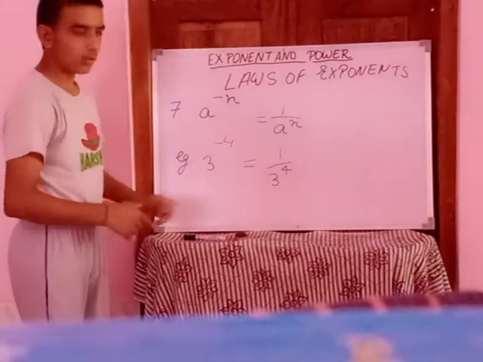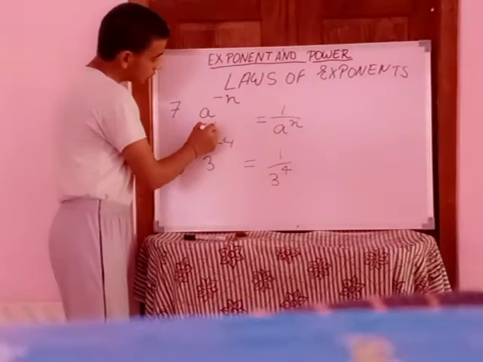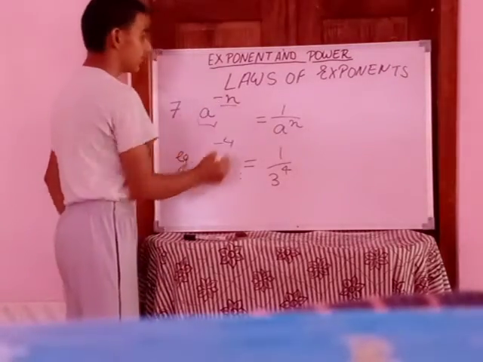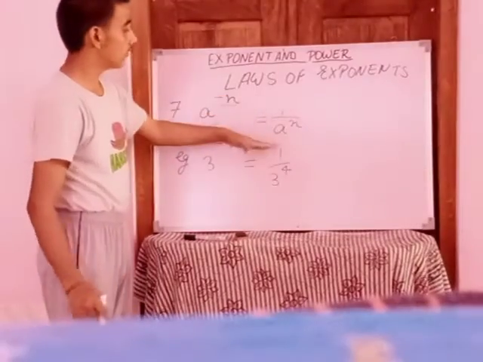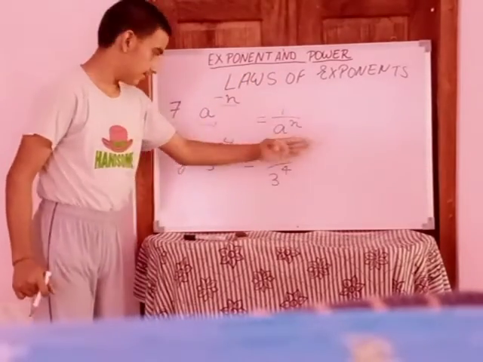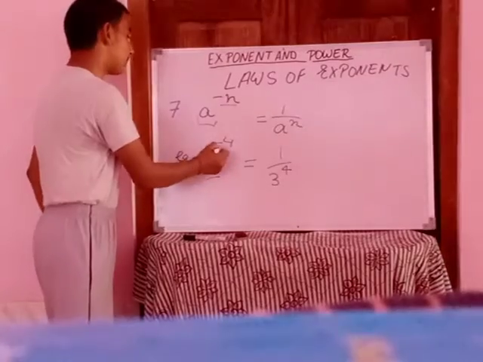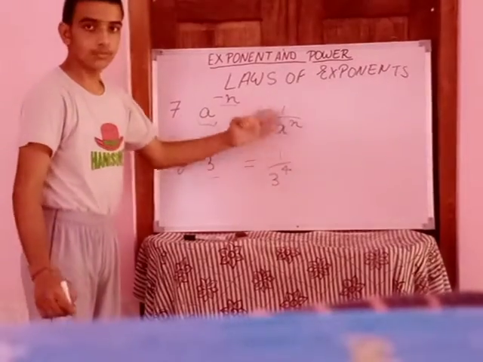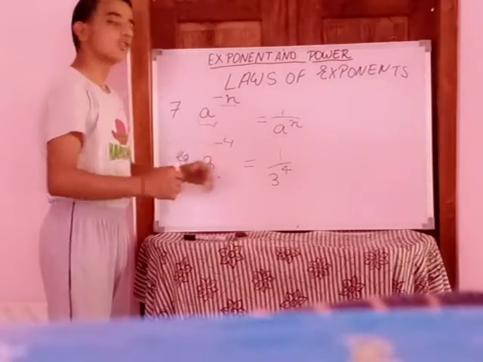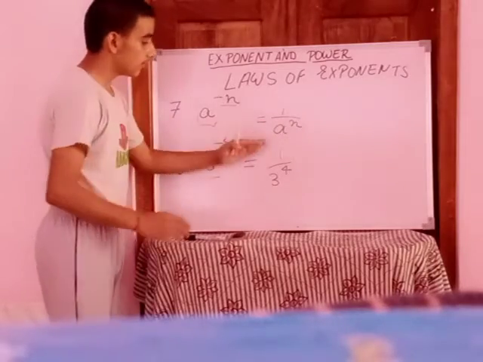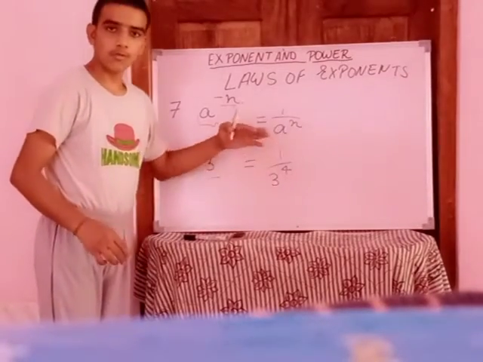Means our seventh law is, a raised to the power minus n will be written as 1 upon a raised to the power n. For example, 3 raised to the power minus 4 would be written as 1 upon 3 raised to the power 4.